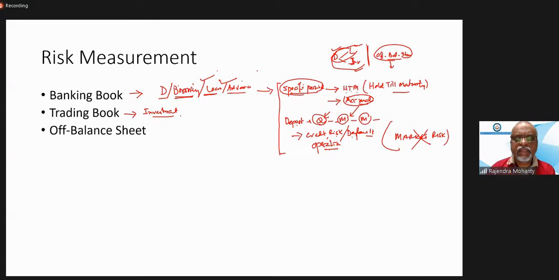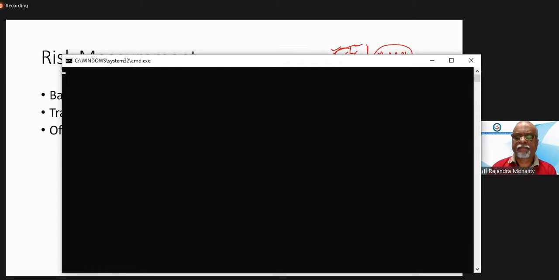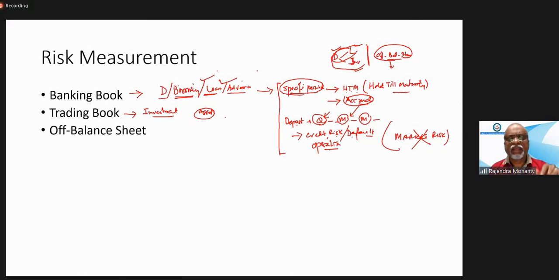That means it includes all the assets, because it is the asset side. Normally those assets which are kept for trading in the market by the bank are in the trading book. So all the investments which the bank has made are assets which are going to be traded.